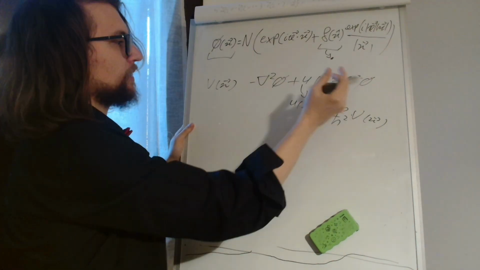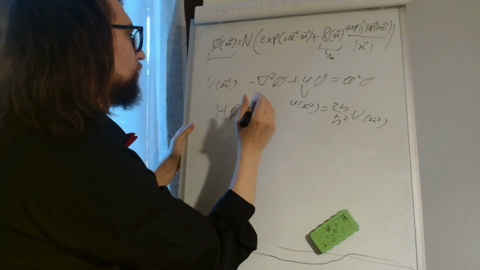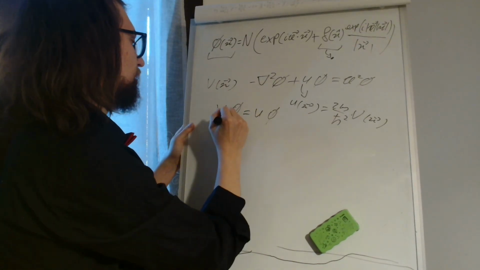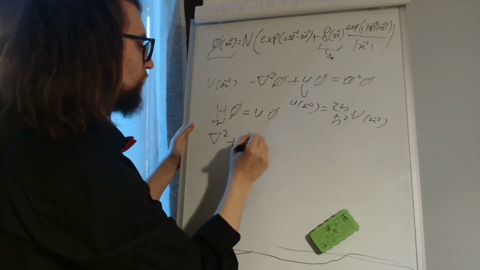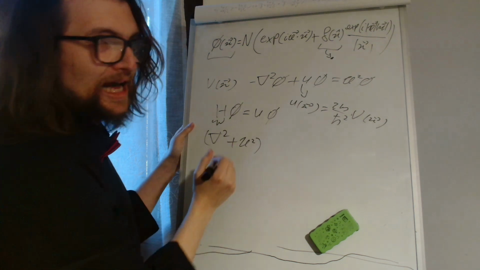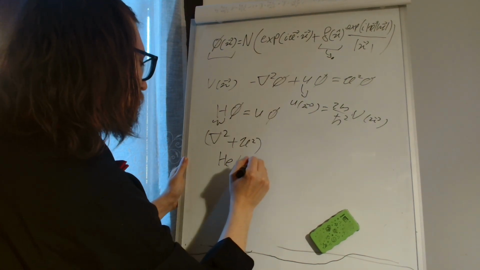Now if we take this term to the right, we get H phi equals U phi, where H is the Laplacian plus k squared. It is called the Helmholtz operator.